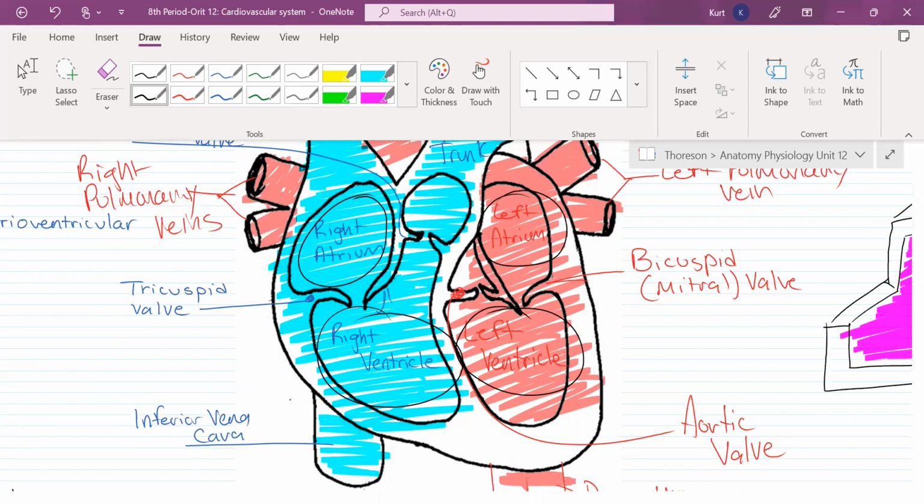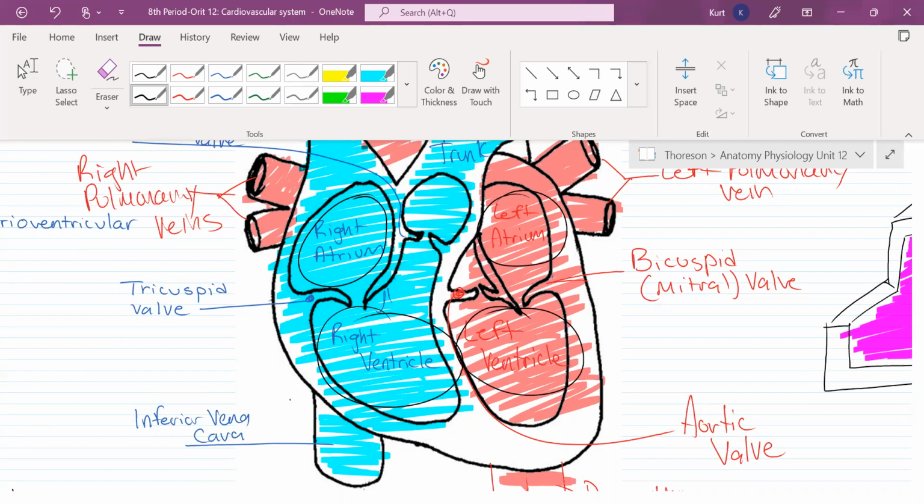When the atria are contracting, what is happening to their valves? Okay, they are opening. So what are the valves that belong to the atria? AV valves, bicuspid and tricuspid. When the ventricles are contracting, what is happening to their valves?